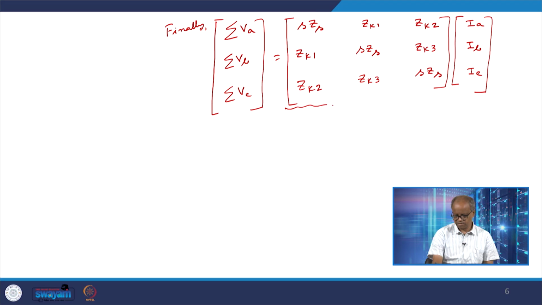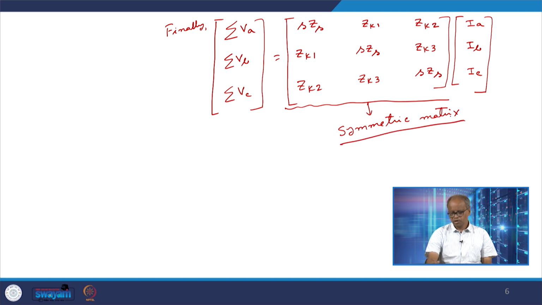Usually all three conductors are identical, so with that practical situation in mind, this is the final impedance matrix of a transposed transmission line.